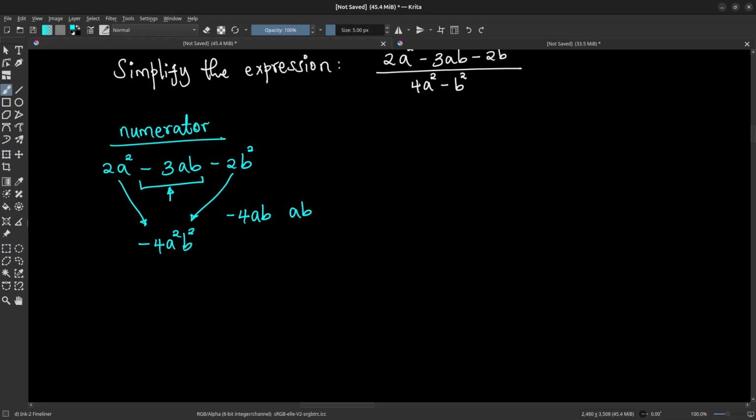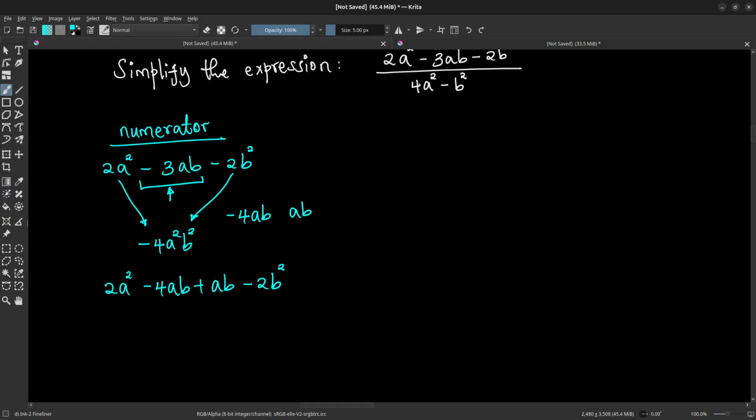So our center term now becomes negative 4ab plus ab. To its right, we still have negative 2b squared, and to its left, we still have 2a squared.